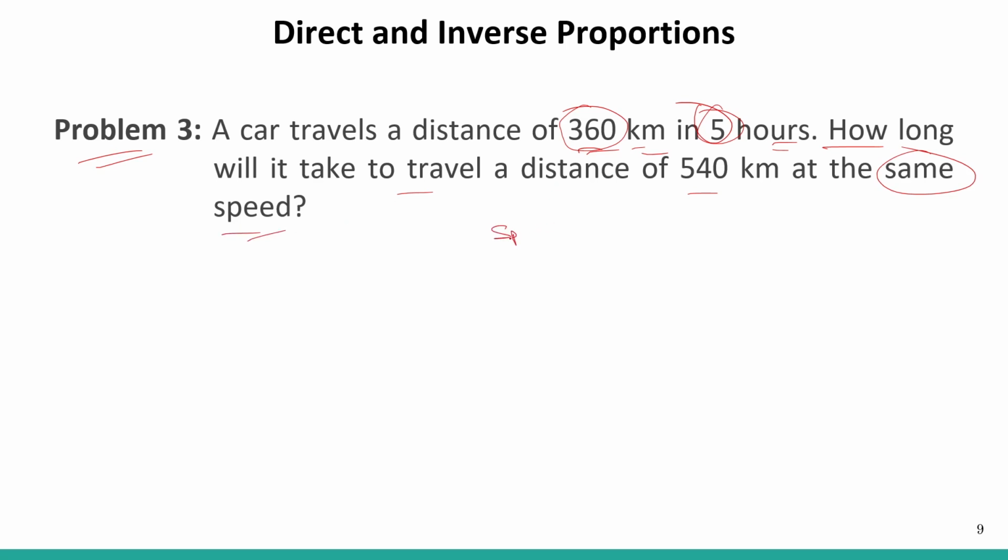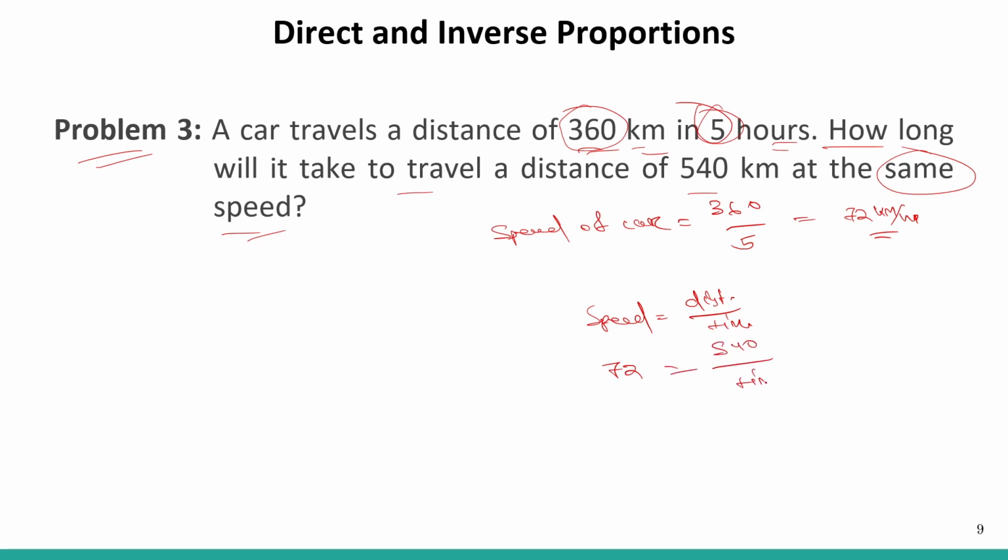So speed of the car is 360 by 5, right? So this is equal to nothing but 72. Okay, so how much time will it take? Speed is equal to distance by time. We have the speed, that is 72, and we have the distance, that is 540.